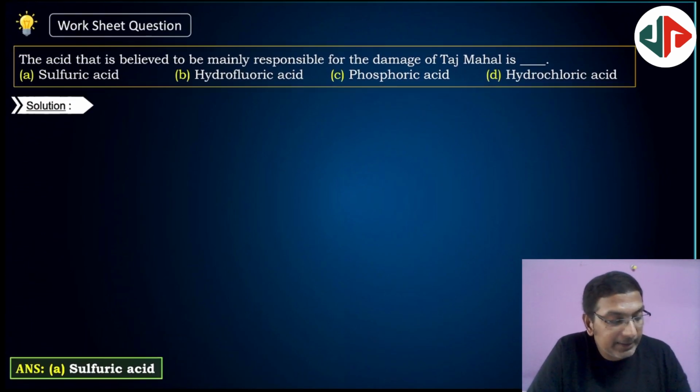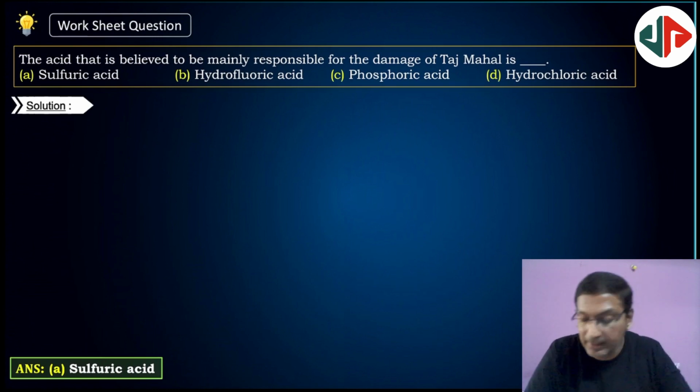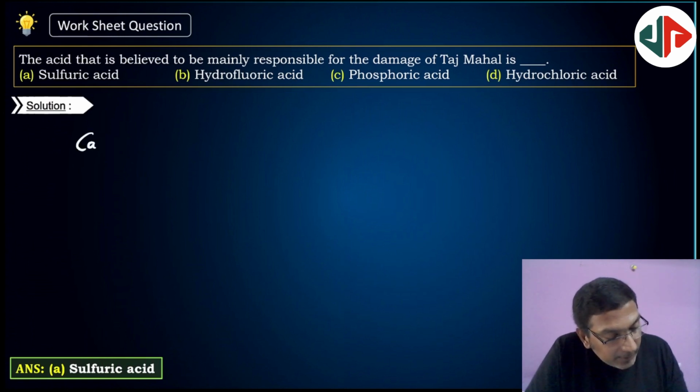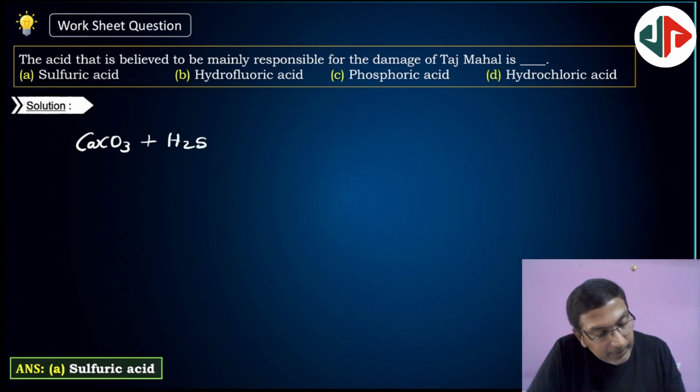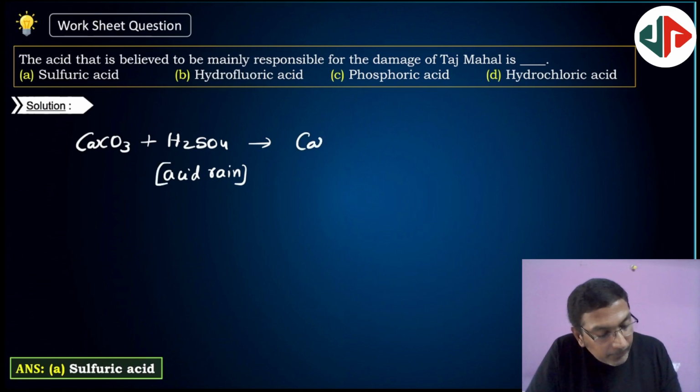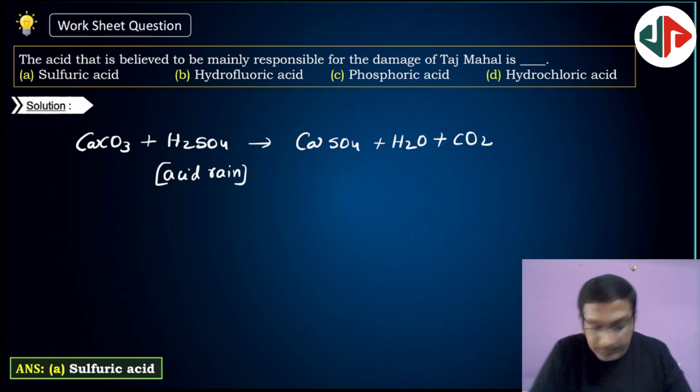So the acid that is believed to be mainly responsible for damage of Taj Mahal is. We know Taj Mahal is made of limestone, which is CaCO3, marble stone, that combines with H2SO4, acid rain, to form CaSO4 plus H2O and CO2.